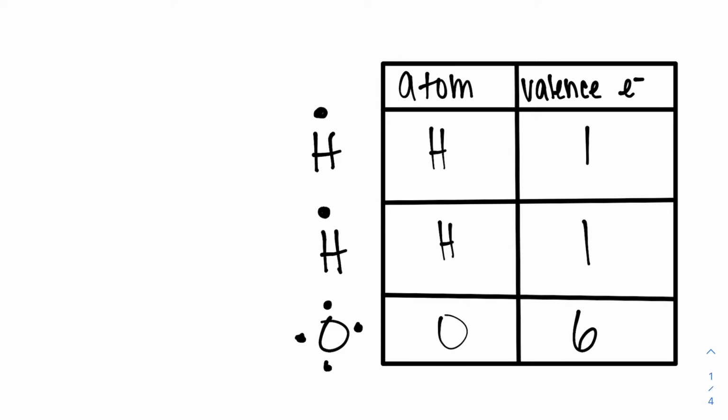So we fill up all sides, but that only gets us 4, which means we need to add 2 more electrons to this oxygen atom to get it to 6. So now all of these individual atoms have the correct number of valence electrons around them.